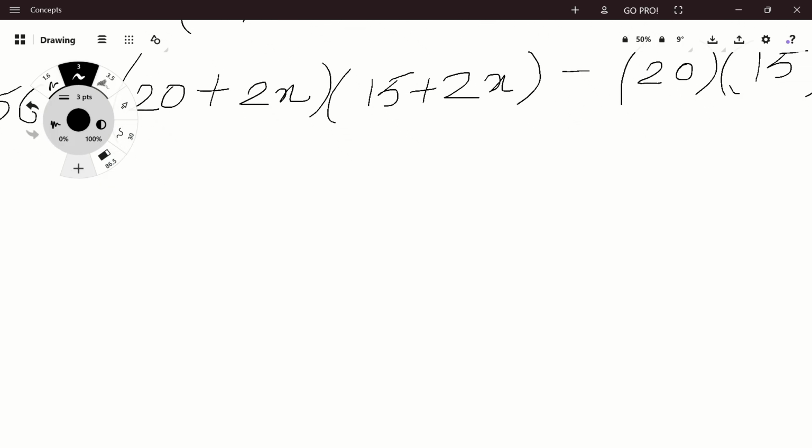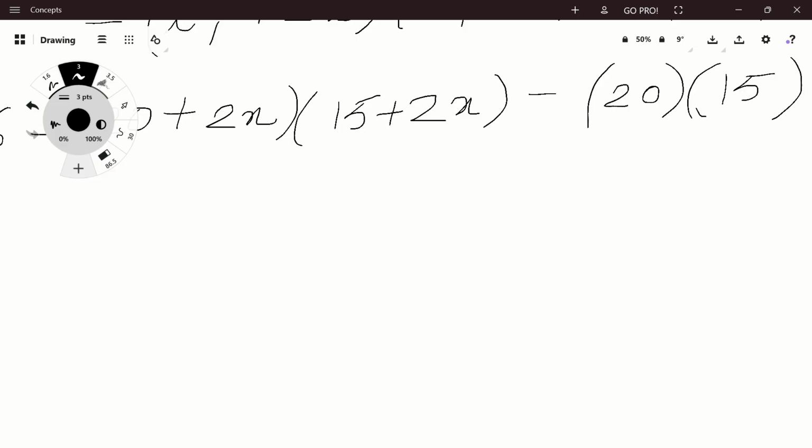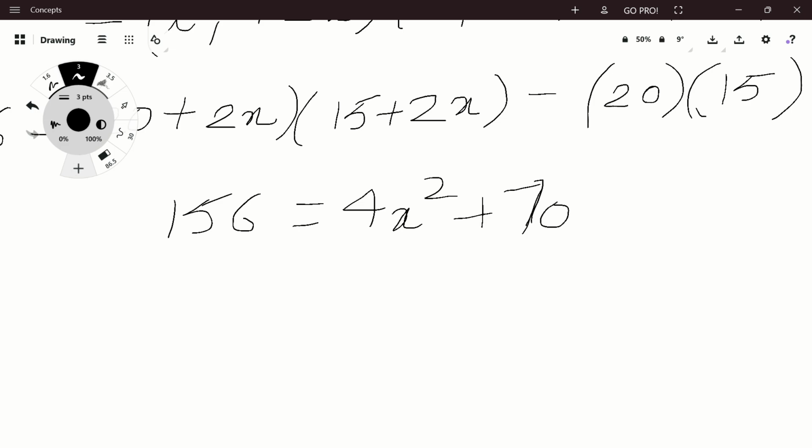Now solving for x, we get 156 is equal to 4x square plus 70x.